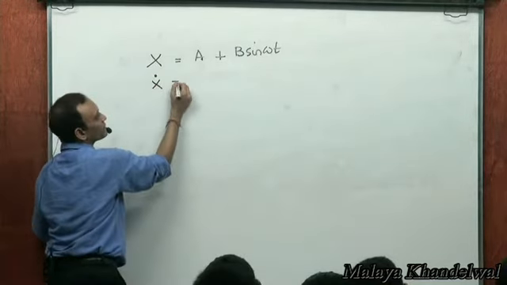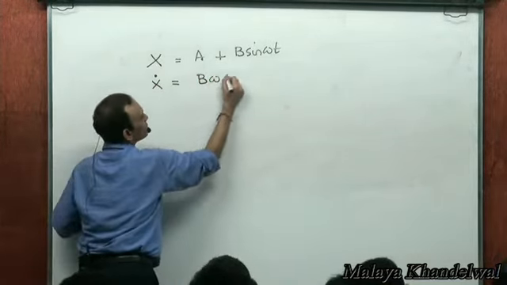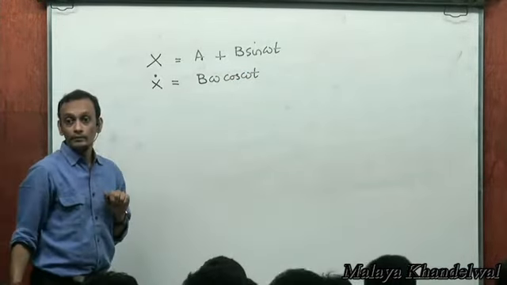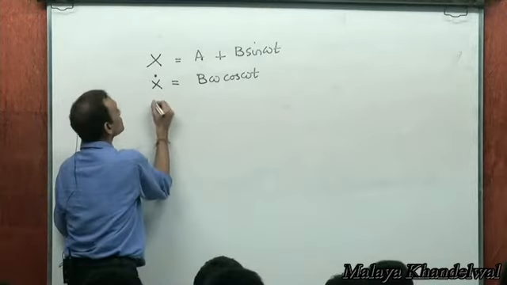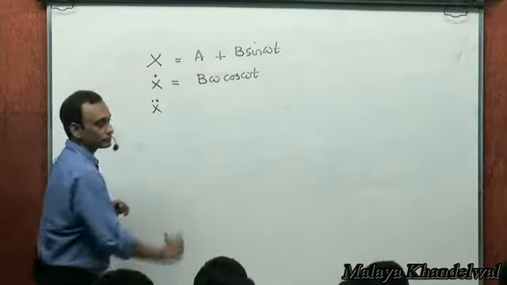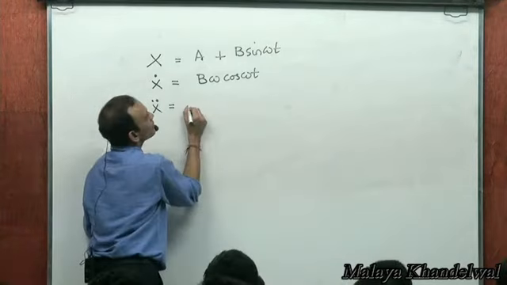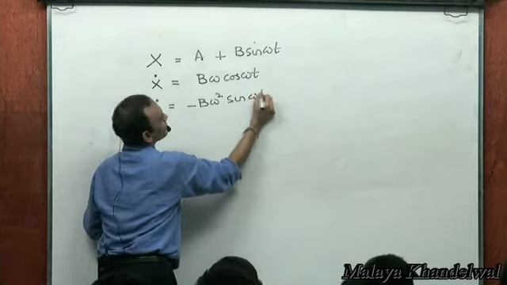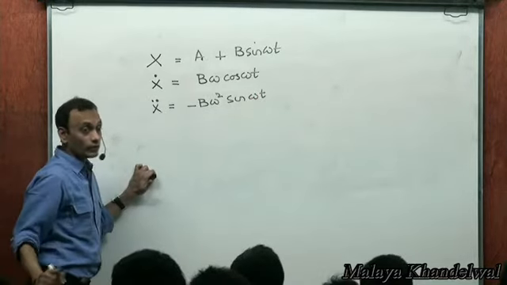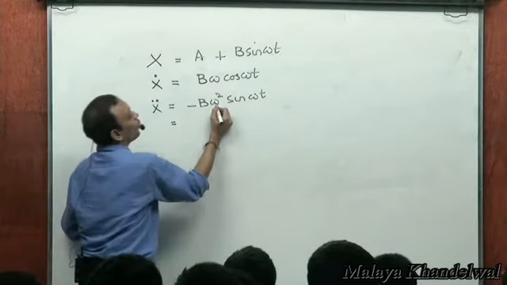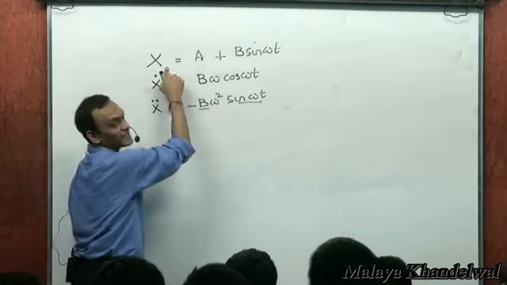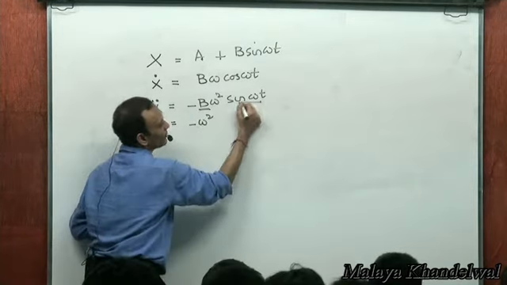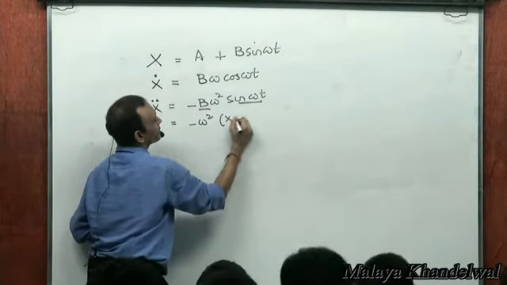I get x dot as b omega cos omega t, right? I get x double dot as minus b omega squared sin omega t, right? Now this b sin omega t I write as x minus a.